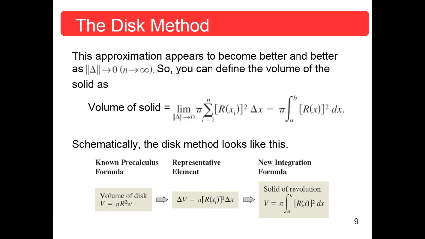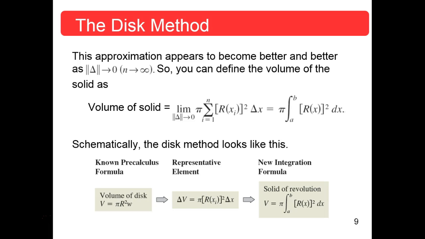And the norm is the length of the largest such interval, and as the length of the largest interval approaches 0, that means your n is going to infinity. So then you can define the limit of this sum, you can think of it as a Riemann sum if you want to, as the norm is approaching 0, that means n is going to infinity. The pi is on the outside, the summation of i equals 1 to n, but n is getting infinitely large.